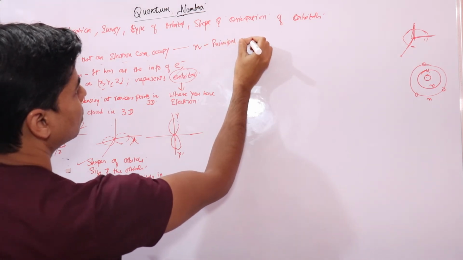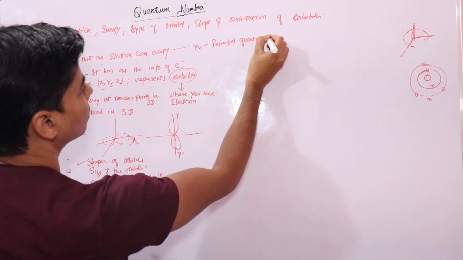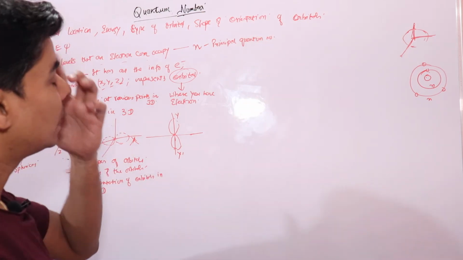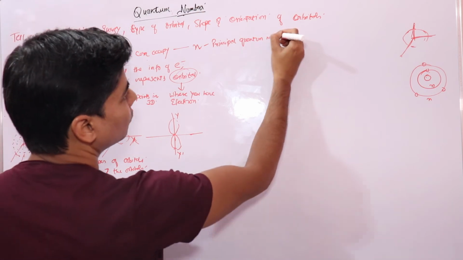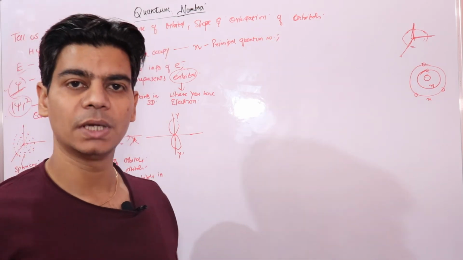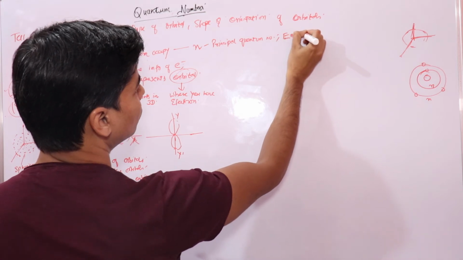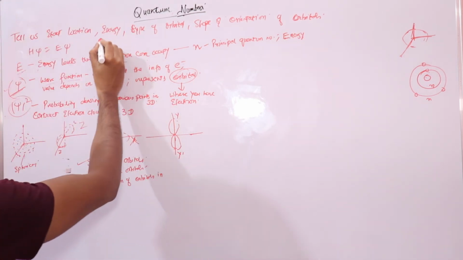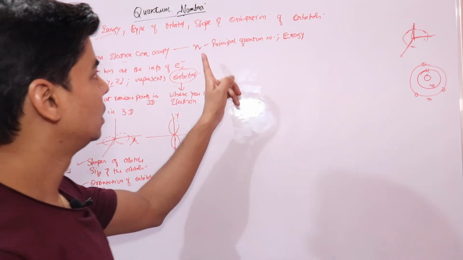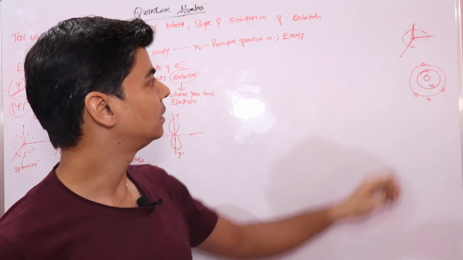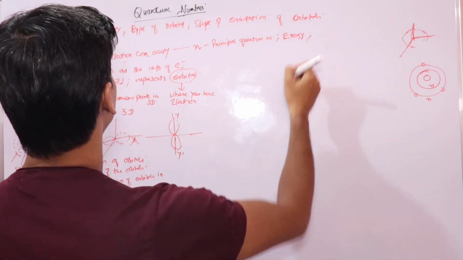Principal quantum number, right? And this principal quantum number will tell you the energy of the electron, because we said quantum numbers tell us the energy of the electron. So the value of N will tell us the energy of the electron.